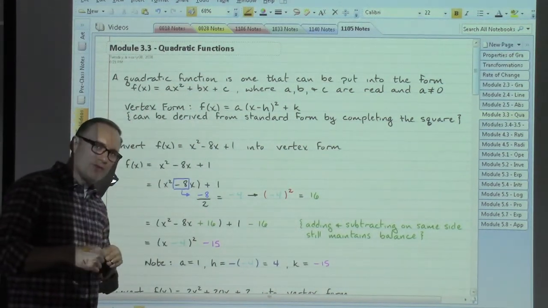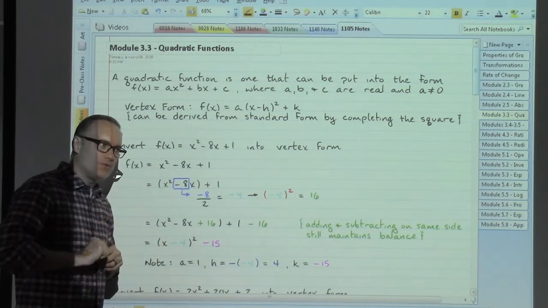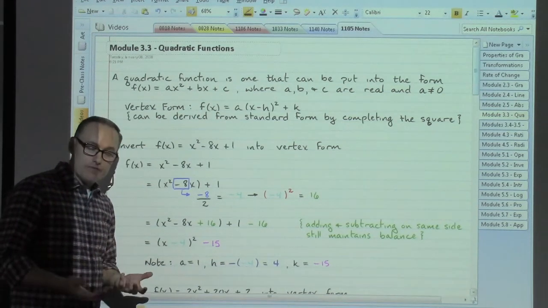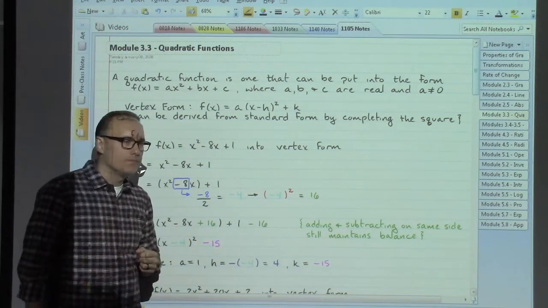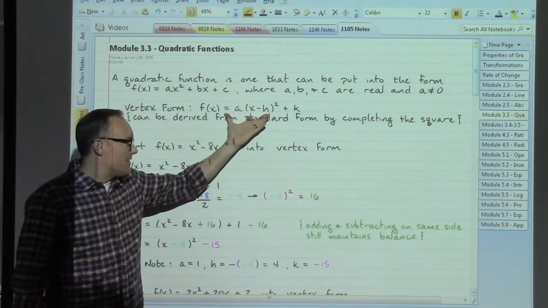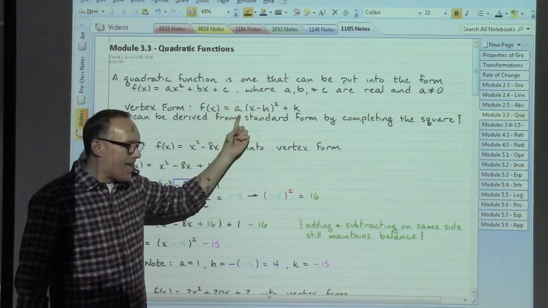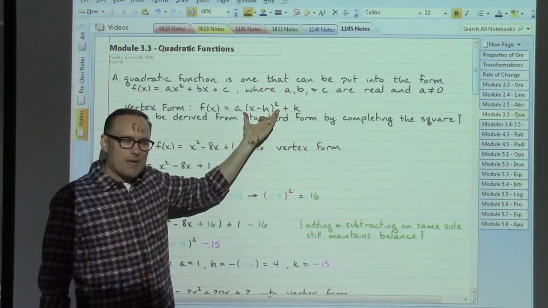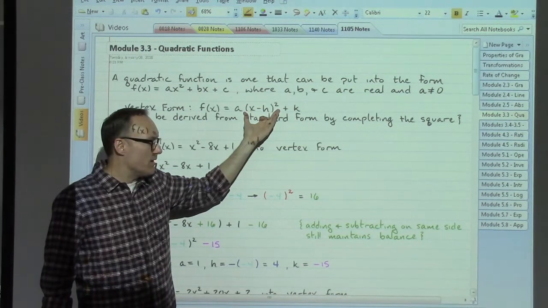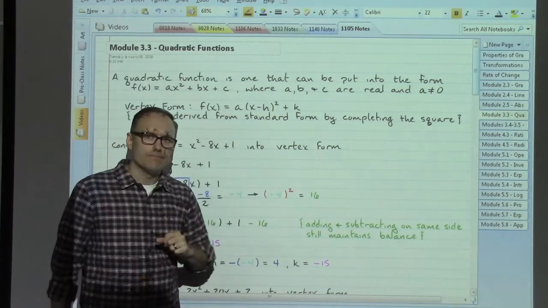So there's a different version of that, though, that is useful for a different purpose. There is what we call the vertex form, and that has the f of x equals a, so that still shows up, but now parentheses x minus h parentheses squared plus k.